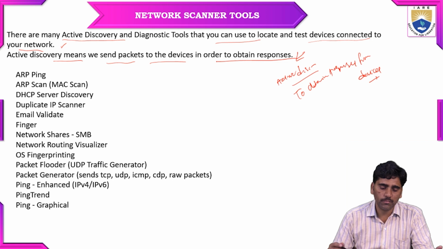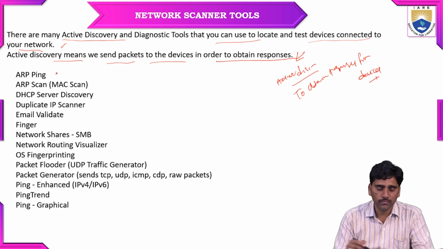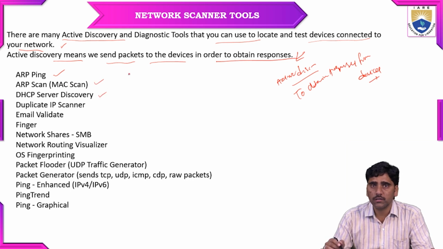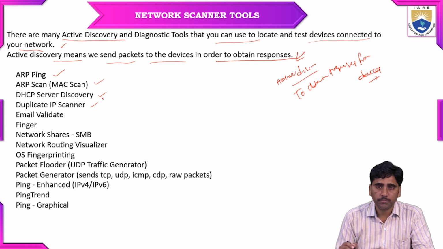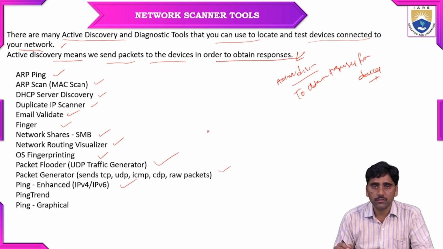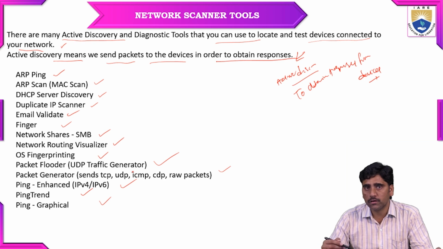These are some active discovery techniques like ARP ping, ARP scan or MAC scan, DHCP server discovery, duplicate IP scanner, email validate, fingerprints, network shares SMB, network routing visualizer, voice fingerprinting, packet flooder, packet generator, ping enhanced, ping trend, and ping graphical.